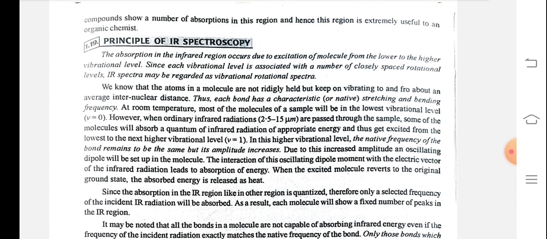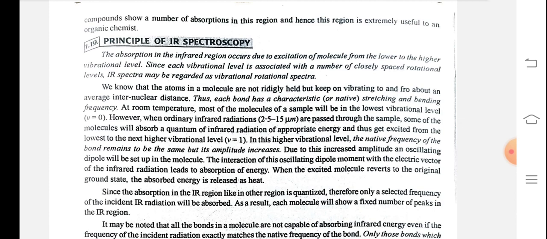At room temperature, most of the molecules of a sample will be in the lowest vibrational level, ν = 0. However, when ordinary infrared radiation, 2.5 to 15 micrometers, is passed through the sample, some of the molecules will absorb a quantum of infrared radiation of appropriate energy and thus get excited from the lowest to the next higher vibrational level, ν = 1.